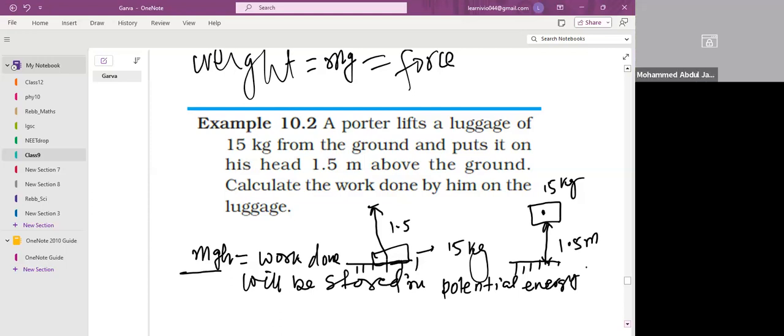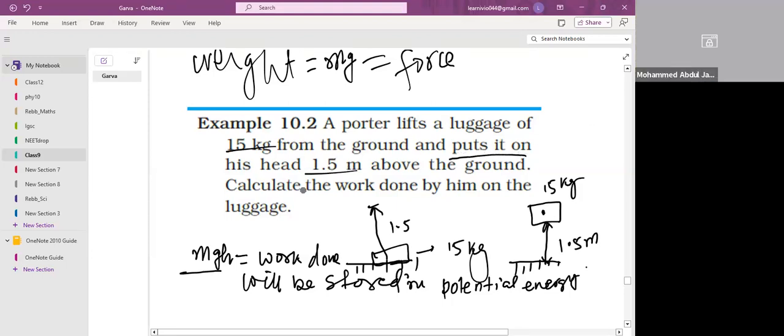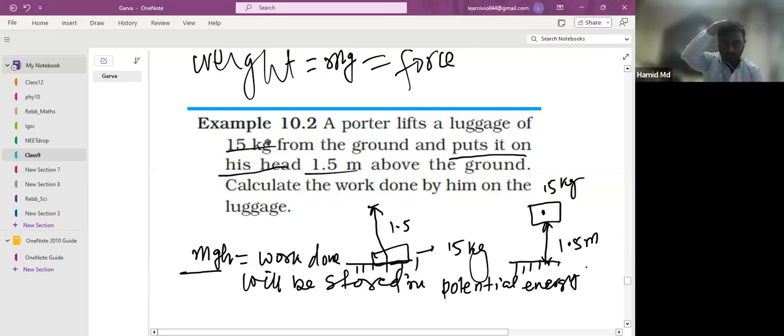Sir, we have the mass and we have the height. What about g? Sir, g is acceleration due to gravity. The height means that if I raise the object 1.5 meters and put it over here, that is the height.